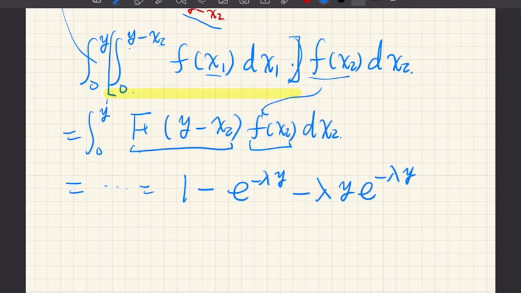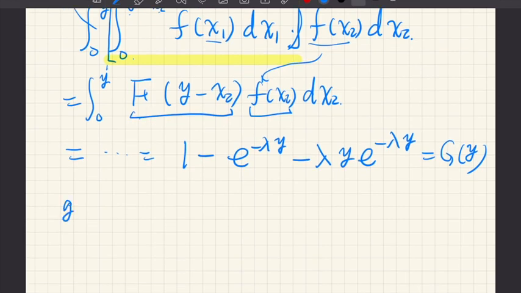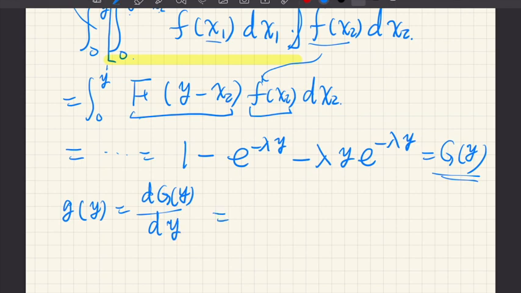So this is the cumulative distribution function for y. Let's write it as large G of y. So in order to obtain the density function for y, we differentiate this function with respect to y, which, I skip the details, should be lambda squared y exponential minus lambda y.